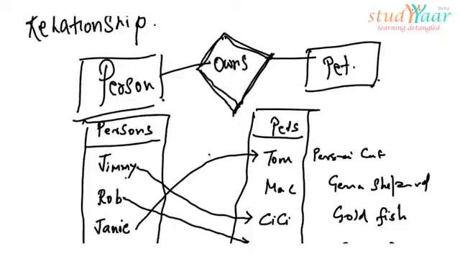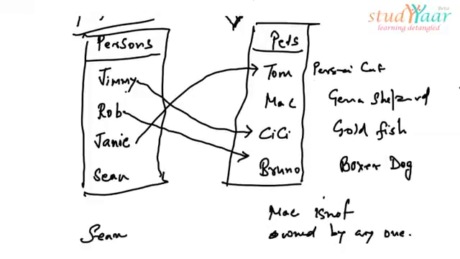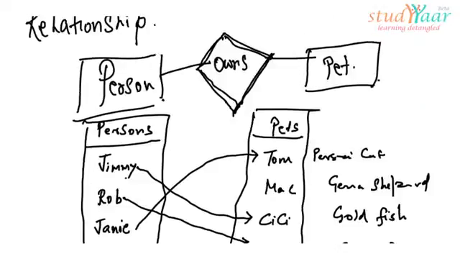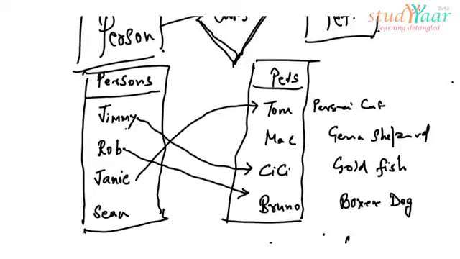So, I say that Jimmy participates in the owns relationship, while Sean does not participate in the owns relationship because there is no relationship instance where we have Sean owning some pet.